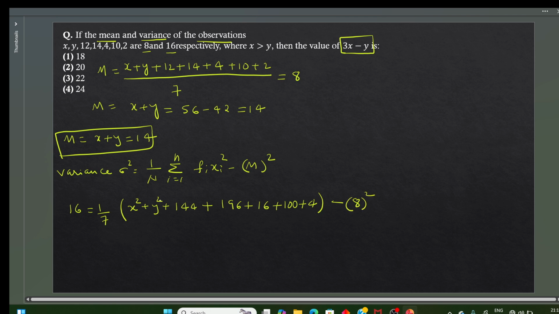Simplifying this equation, we get x square plus y square is equal to 100.